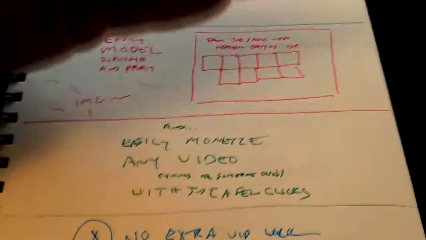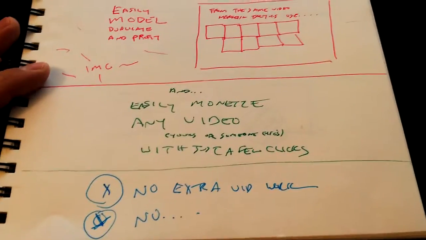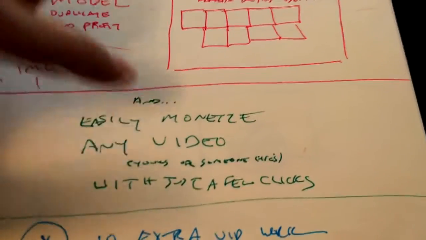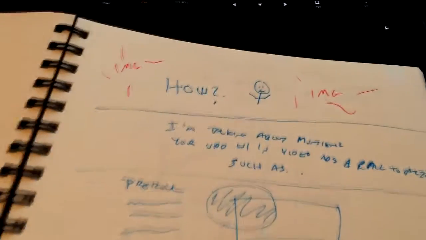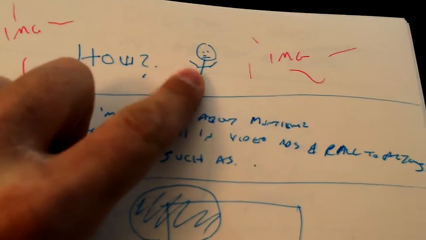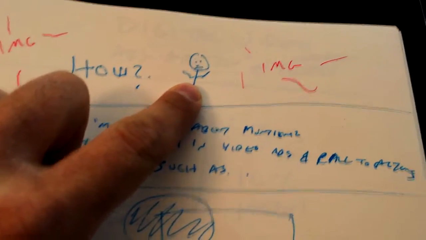And so I know that I need to start explaining what that tactic is in the sales page. So then I get into talking about how they can easily monetize their videos or anyone else's videos. And then I say how, right? I put the word how here, and I know that I want to have an image of someone putting their hands up, confused.